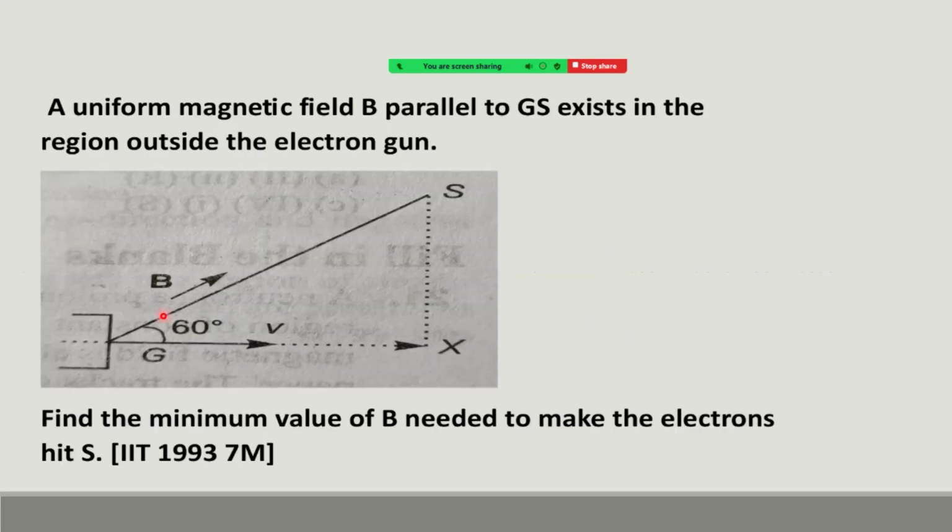We can see here a uniform magnetic field B parallel to GS exists in the region outside the electron gun. Find the minimum value of B needed to make the electrons hit S. Okay. See how to start.